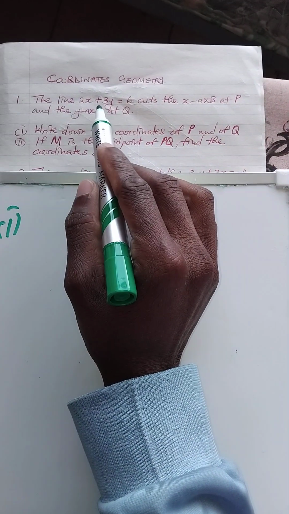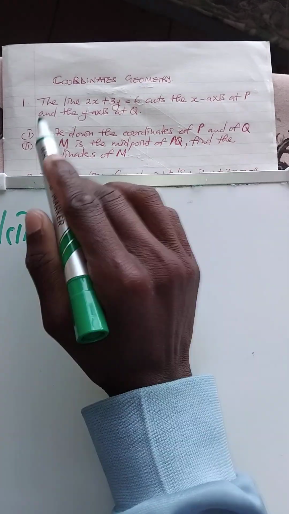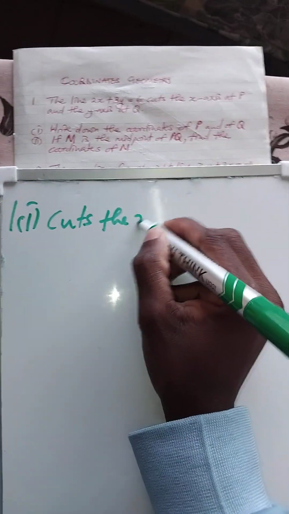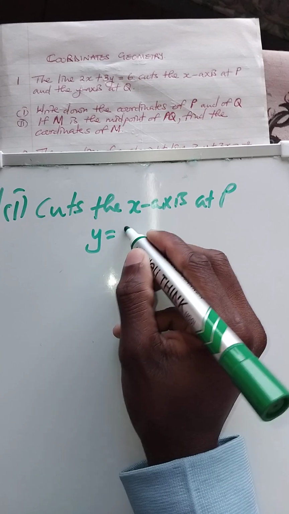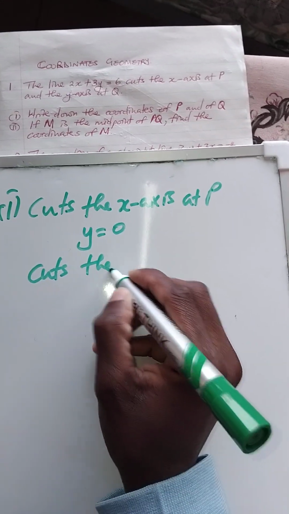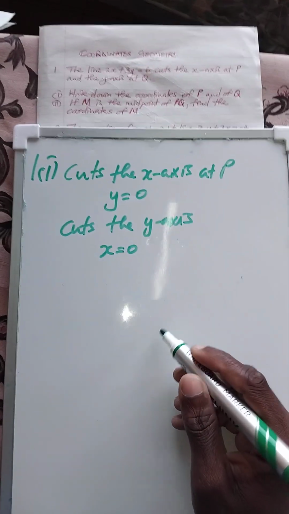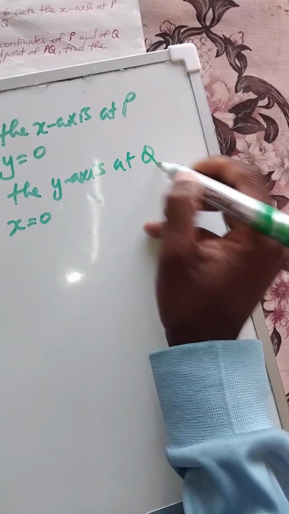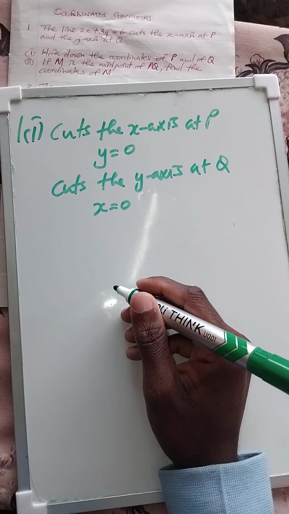The line 2x plus 3y is equal to 6 cuts the x-axis at point p, and the y-axis at q. When it cuts the x-axis, y is 0, and when it cuts the y-axis, x is 0. So we want to know how to find the coordinates of these points.